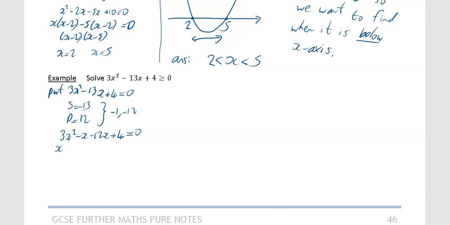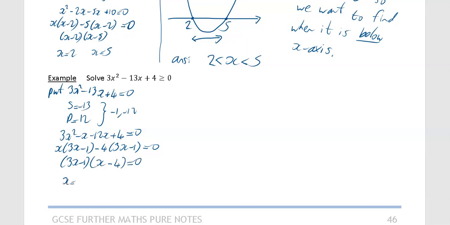And then factorize, take an x outside a bracket, 3x minus 1. Then over here, take a minus 4 outside a bracket, and you have 3x minus 1 inside the bracket. Write down your common bracket. It was 3x minus 1. And then it was multiplying x and minus 4, so equals 0.